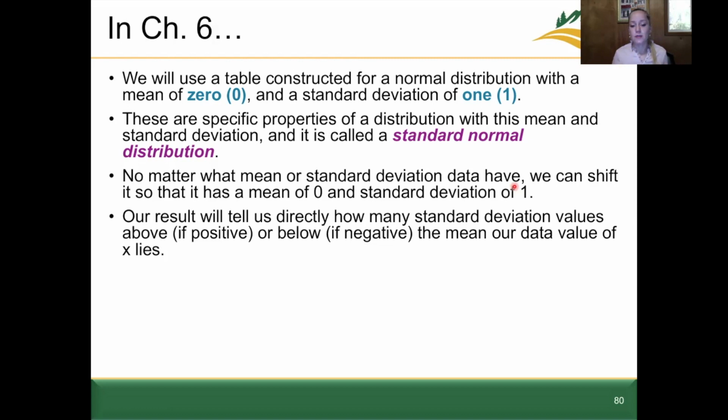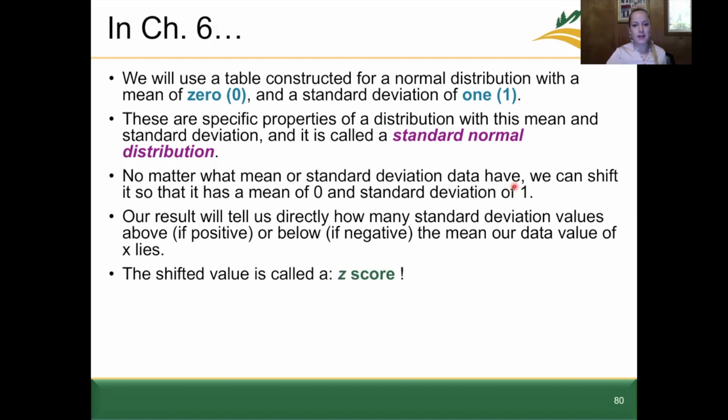Where if that score is positive, then our x data value is above the mean by a certain number of standard deviations. And similarly, if that score is negative, then our x value lies a certain number of standard deviations below the mean. And we'll get into this today, and we'll see this again in Chapter 6.